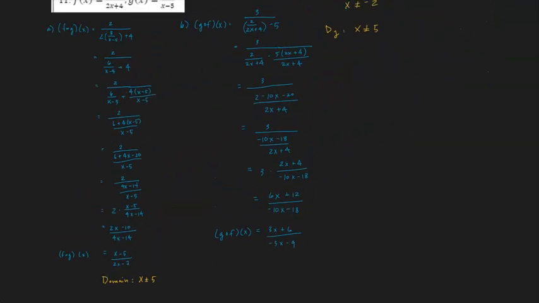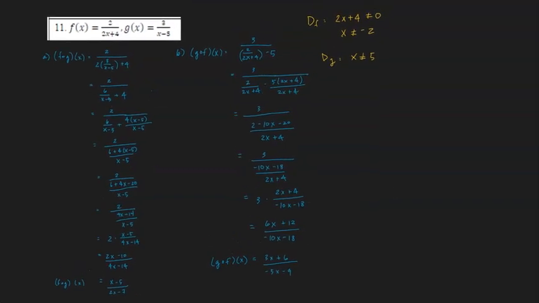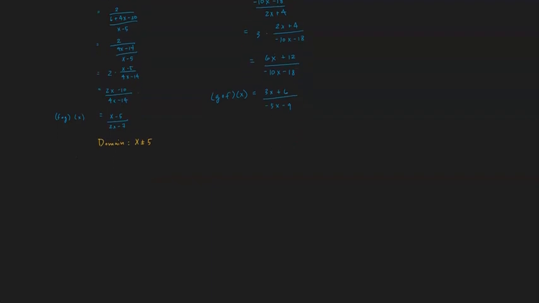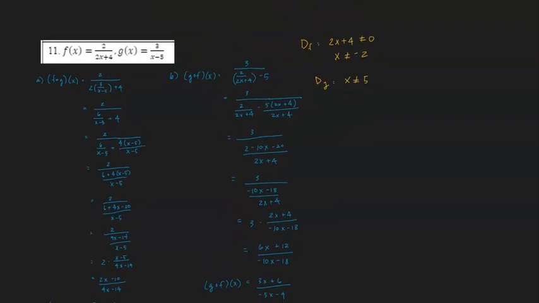And then we figure out that if we put the function g into f, its input, the input of f cannot be negative 2.